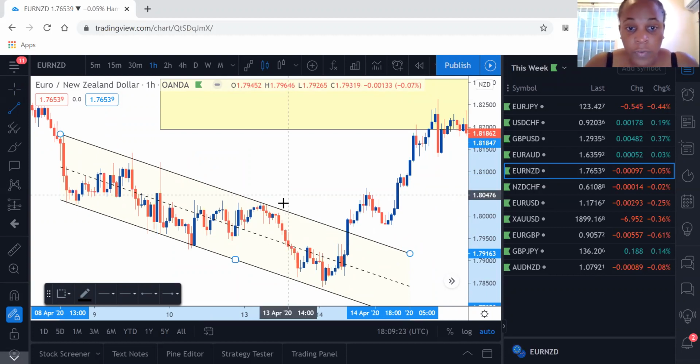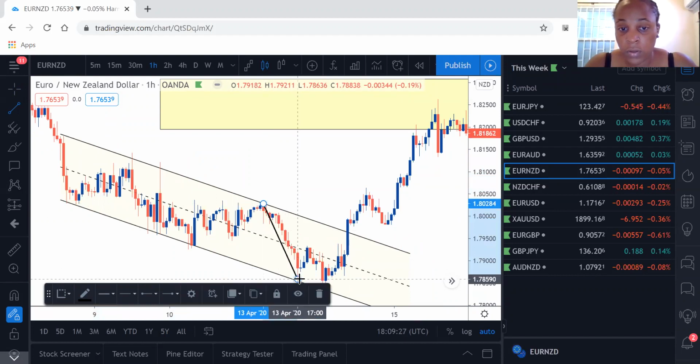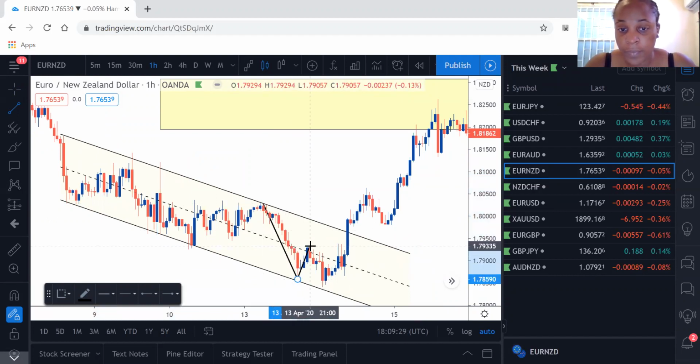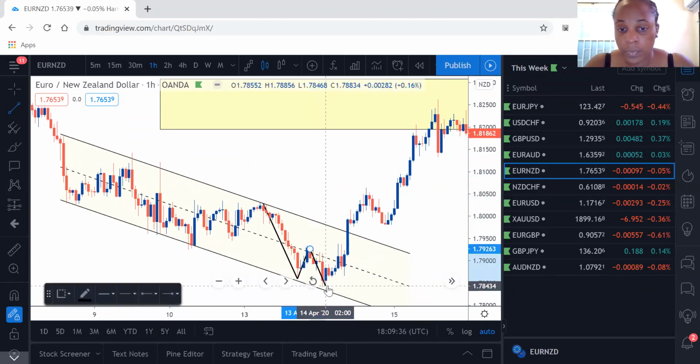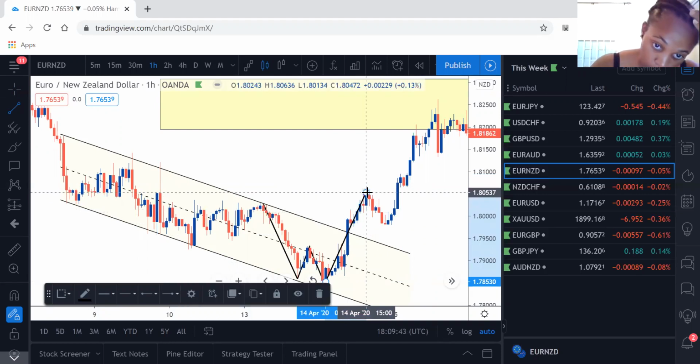So for me, my W starts from here. We get a nose in the center, and then it comes back down here. Right, and then from there, I get my breakout to the upside, completion of the W.